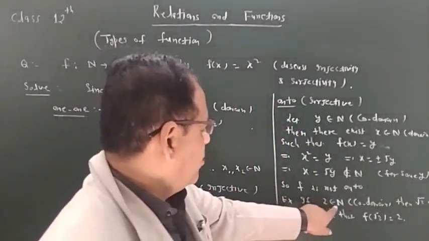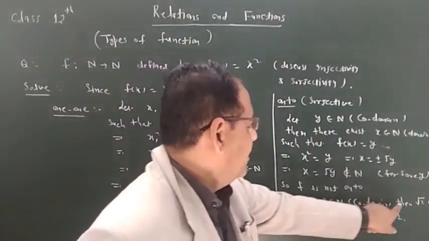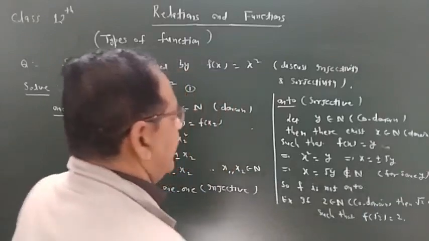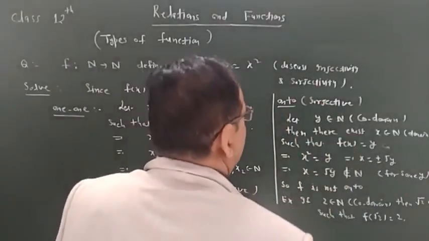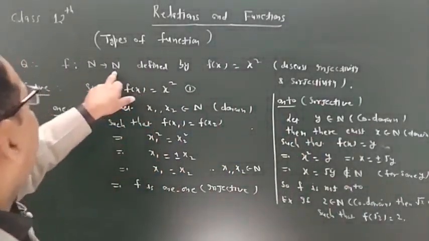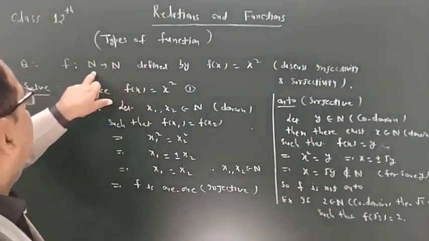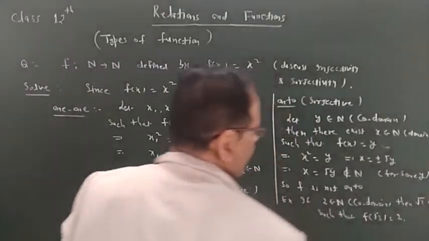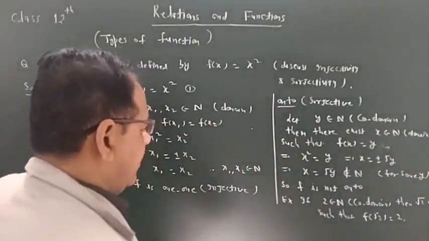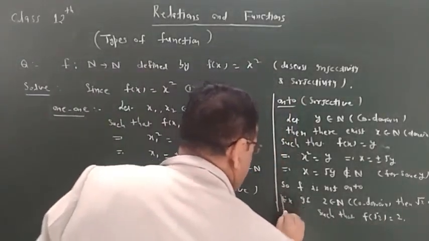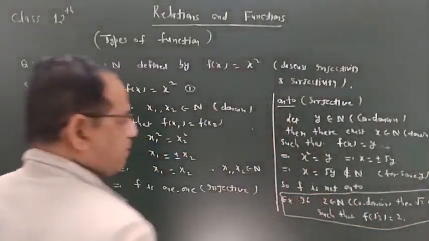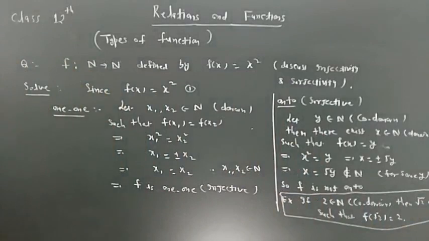If the function were onto, the pre-image of 2 would be root 2, but root 2 is not an element of the domain. So this shows that the function is not onto. Thank you.